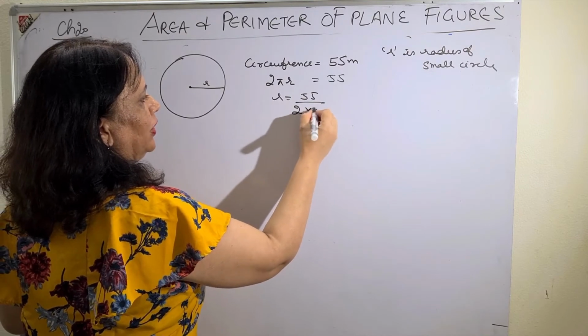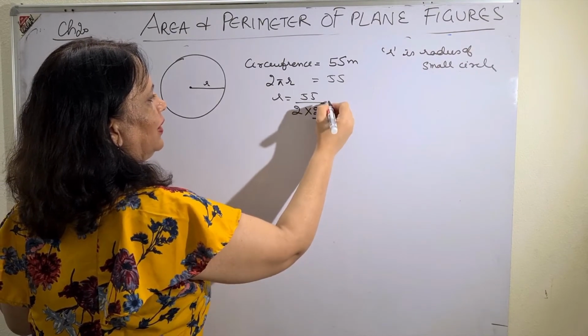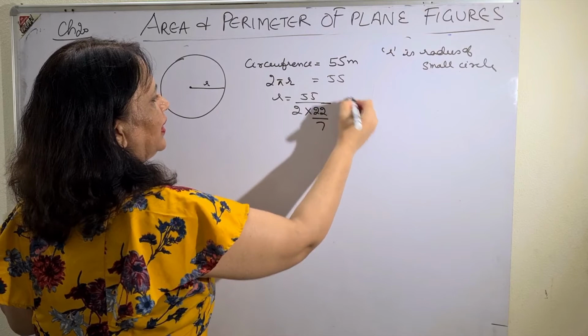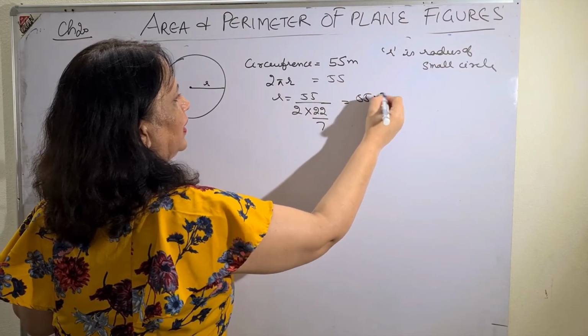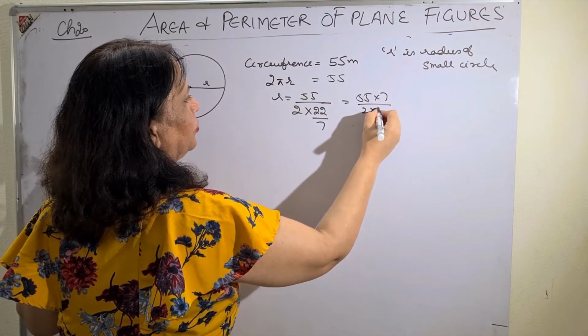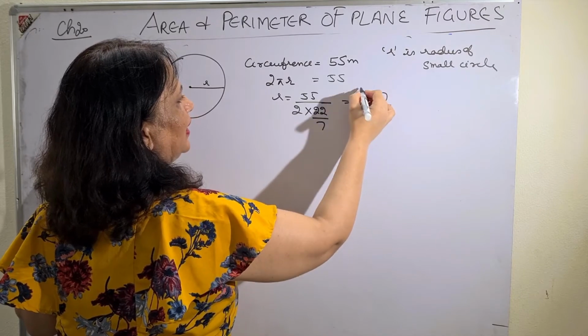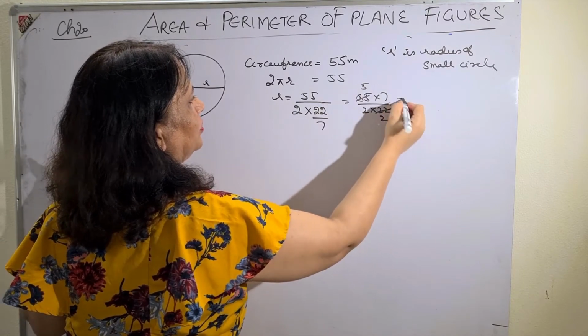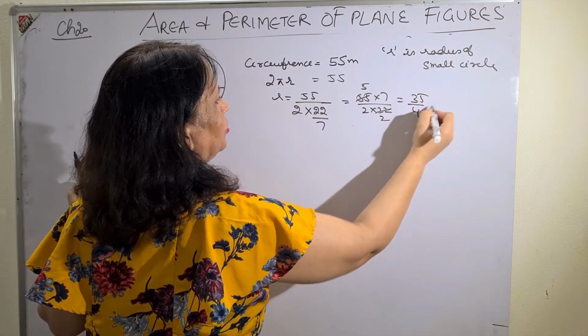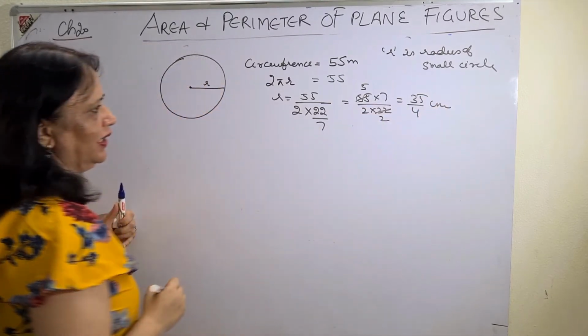Cancelling, 11 5s are, 11 2s are, and these all things you know, so I don't have to repeat again.